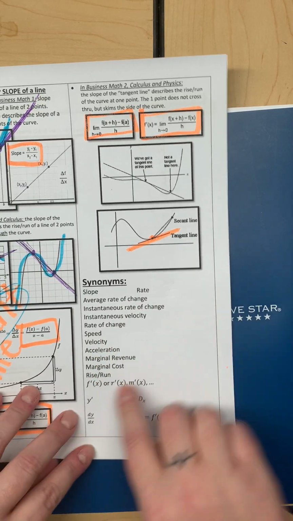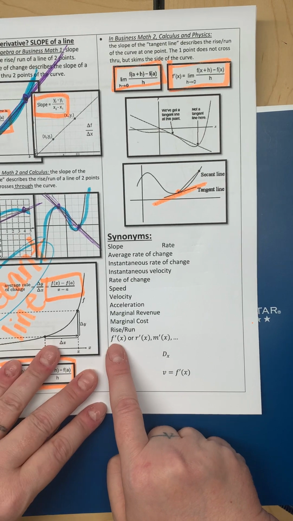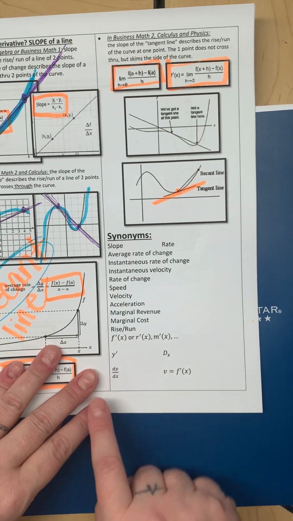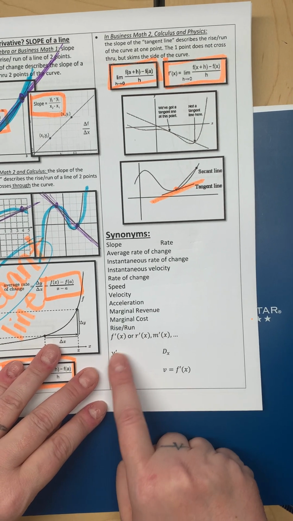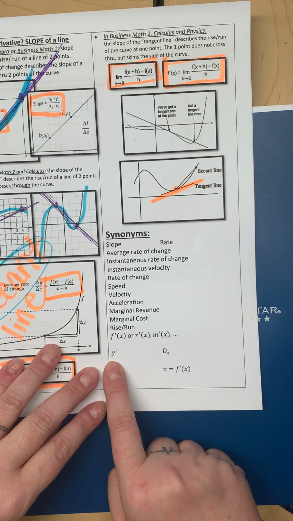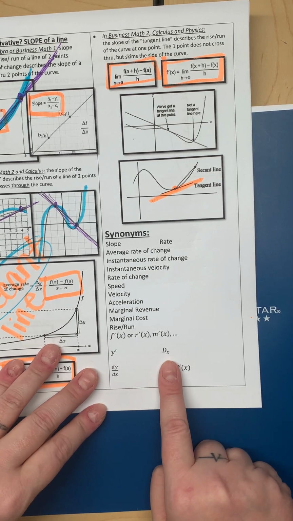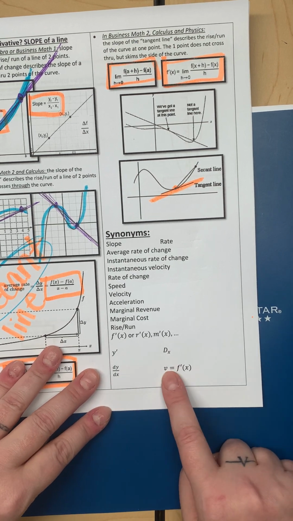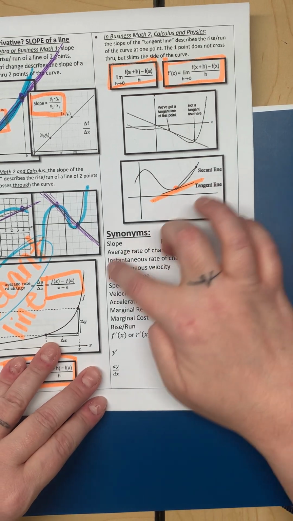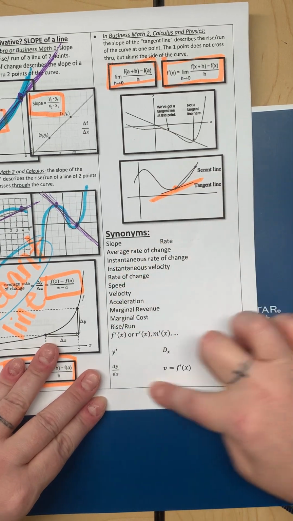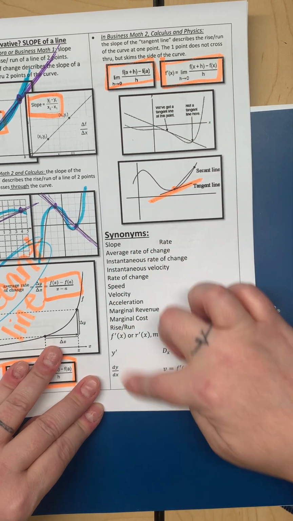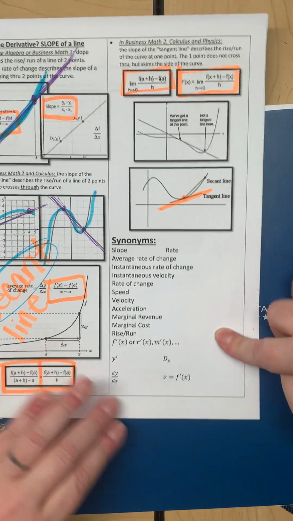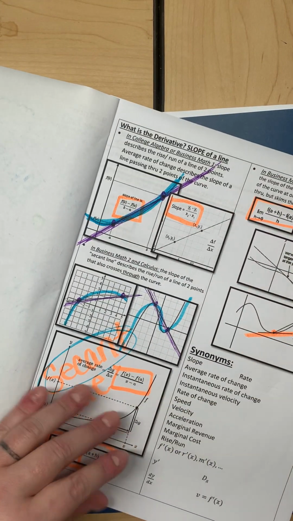You can read f with a little tick mark x, that means f prime, or y with a little tick mark, that means y prime, or dy dx, that means derivative, or v, that means velocity. So if you see any of these words or symbols, it means use one of these formulas.